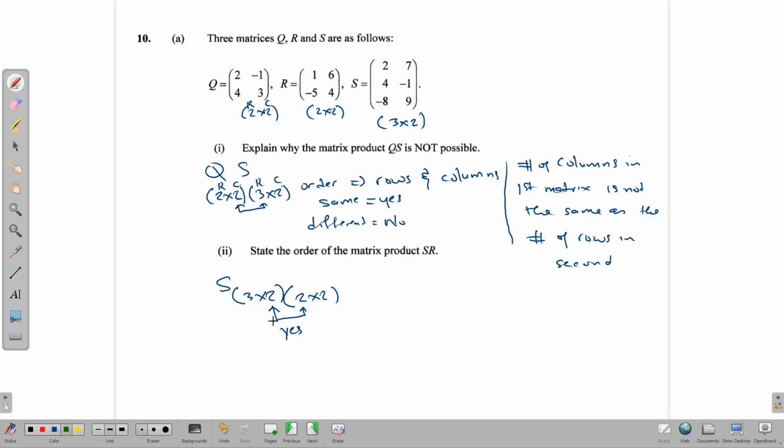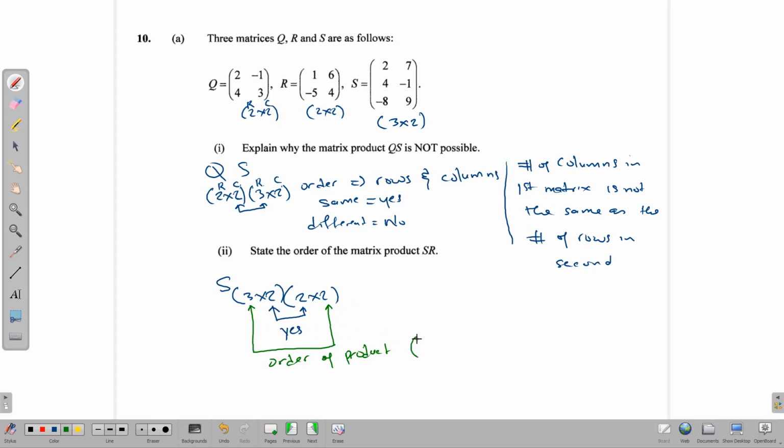Now, the other part of the numbers, these numbers on the outside, what they tell you is what the order of the answer will be. That is, remember the order of the product. And that simply means how many rows and how many columns the answer will have.